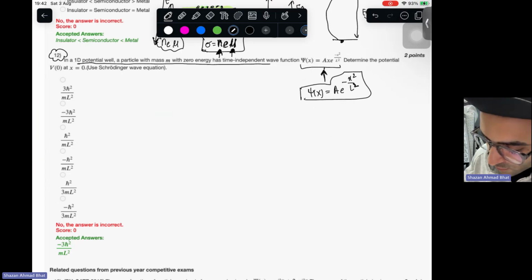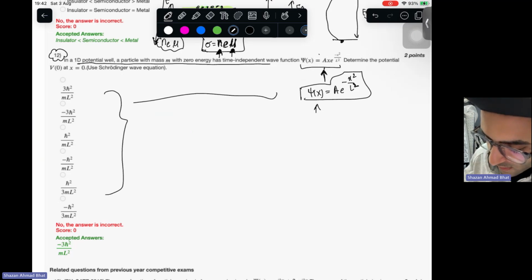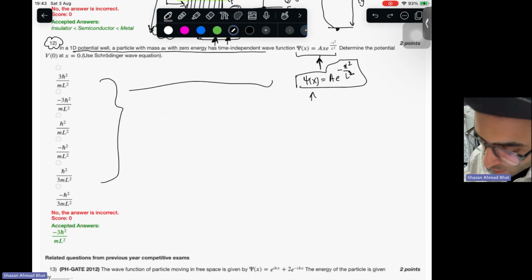As per the given one, you would not get any of the answers, so that is not a correct wave function representation. I checked, and there was a mistake in this question. The actual wave function looks like a Gaussian pulse with a certain width given by L.